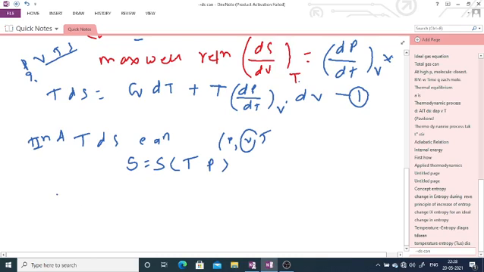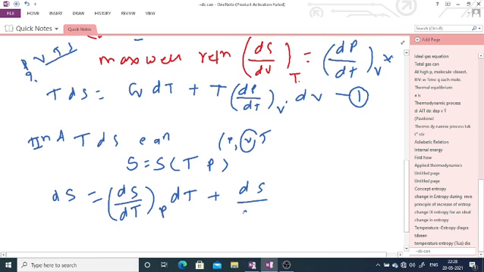Keep the same procedure for the second TdS equation. Take the derivative of entropy: dS/dT at constant P into dT plus dS/dP at constant T into dP.